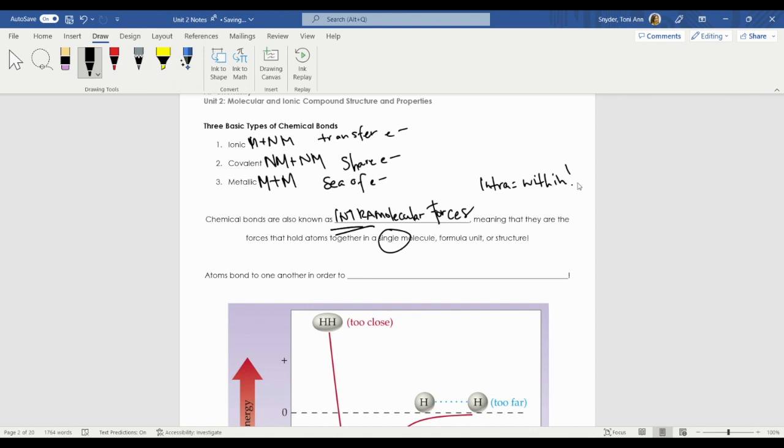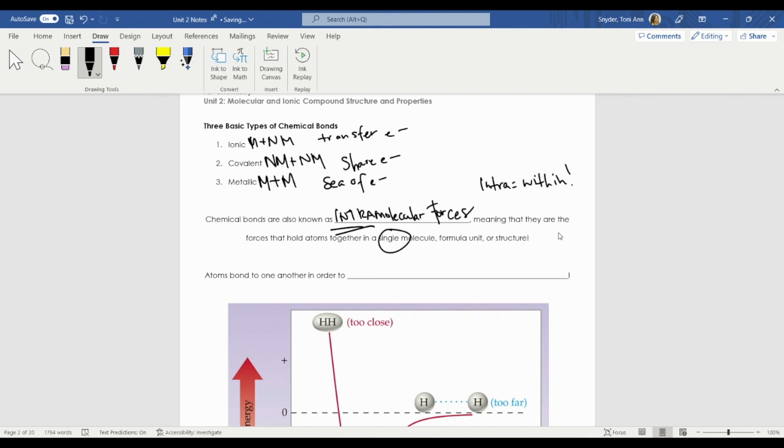You might recall from Chem 2 talking about intermolecular forces. Inter means between. So we were talking about hydrogen bonds and dipole-dipole. They're between two different chemical species, whereas intramolecular forces are holding together the atoms within a single molecule.